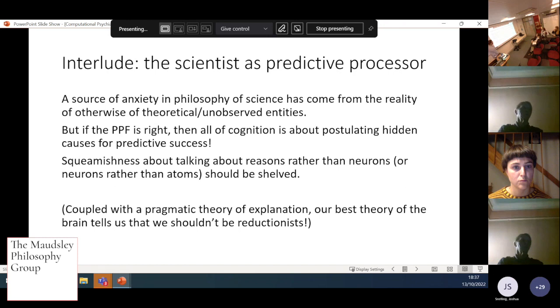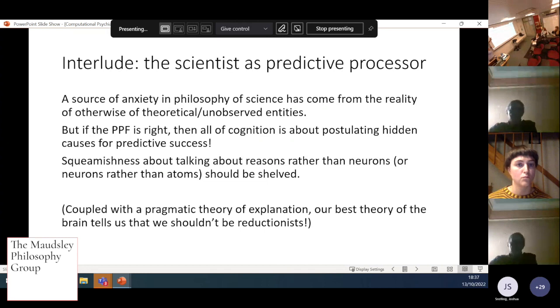Now this is relevant for philosophy of science. What I've been doing is applying philosophy of science to predictive processing, but there's a sense in which here you get a bit of flow in the opposite direction. If you think of the scientist as having a hierarchical predictive brain, then there's this anxiety in philosophy of science concerning the reality or otherwise of these theoretical and unobserved entities.